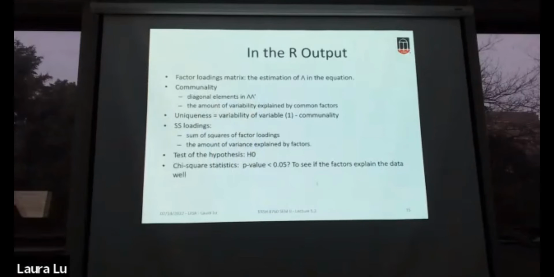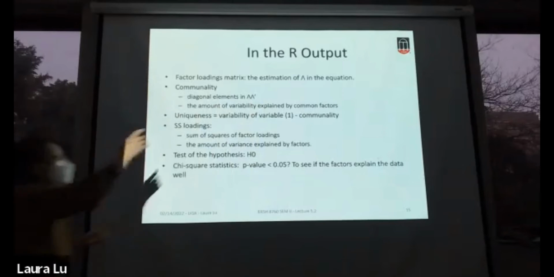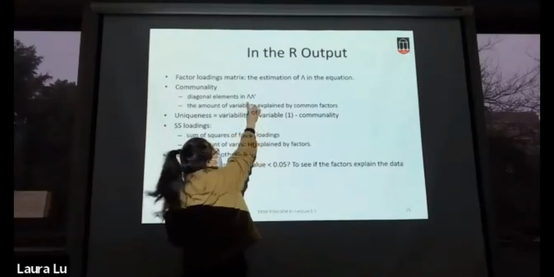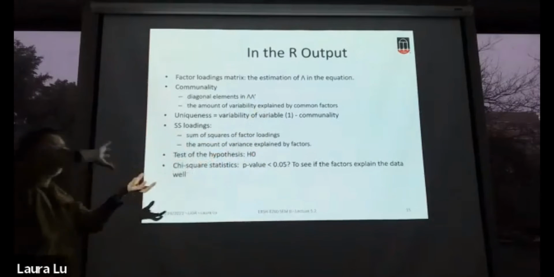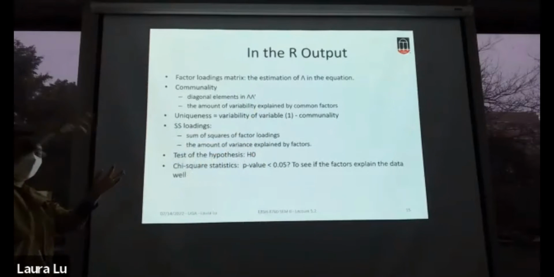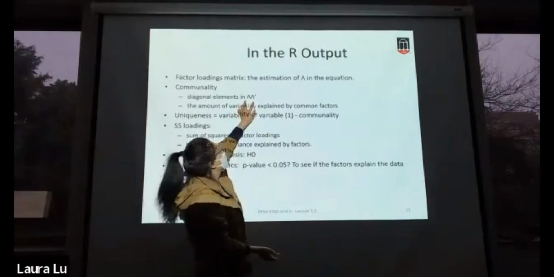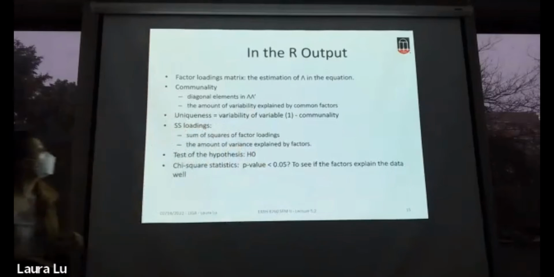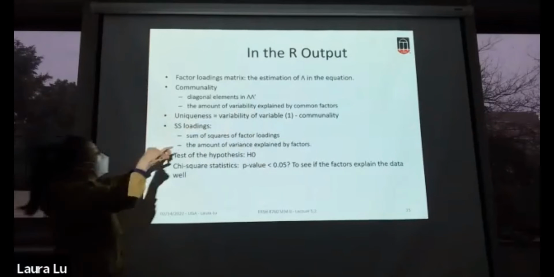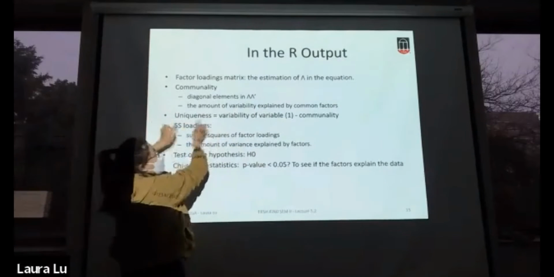This is the amount of variability explained by common factors. In the previous examples, I said you have to square each loading and add them together. That calculation is just this case, with the matrix and its transpose. So the diagonal elements are the communality.